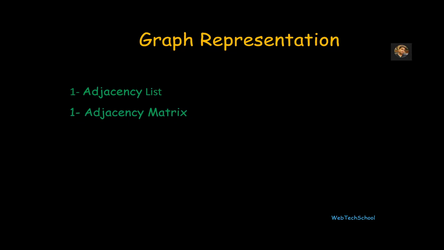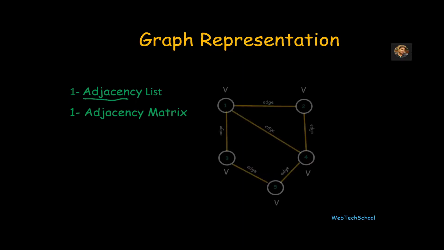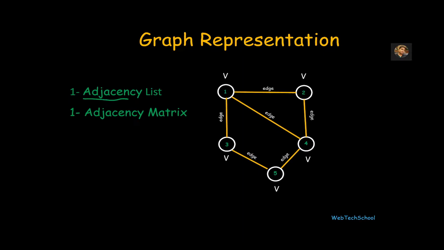Then the question comes, what actually is adjacency? Considering this given graph, adjacency is nothing but the list of adjacent vertices for any given vertex. So for vertex 1, its adjacent vertices are 2, 3, and 4 because we have an edge present between all these vertices.